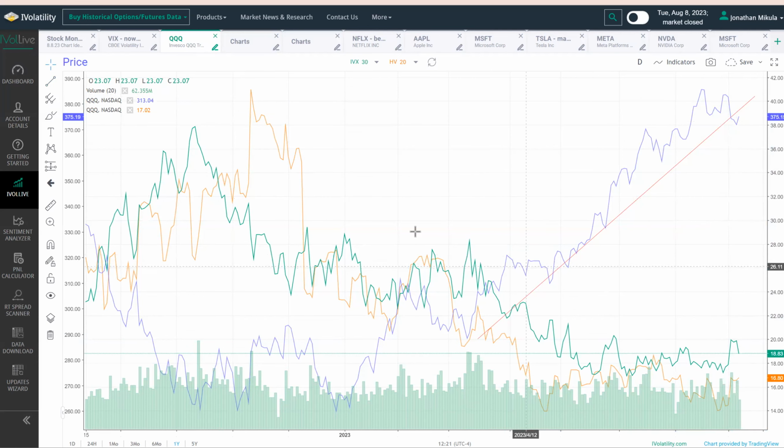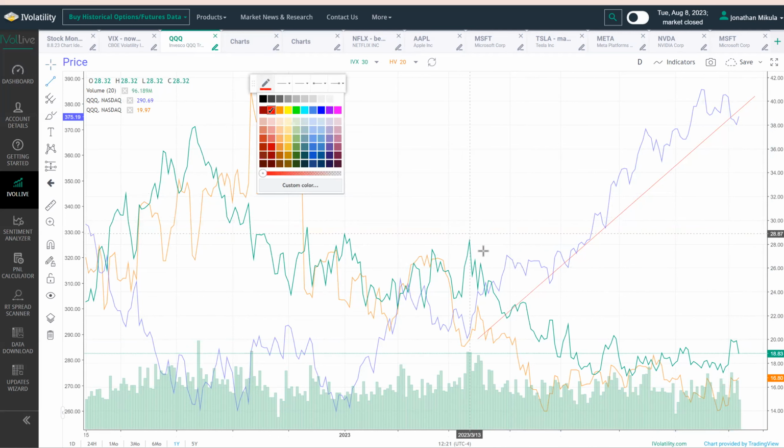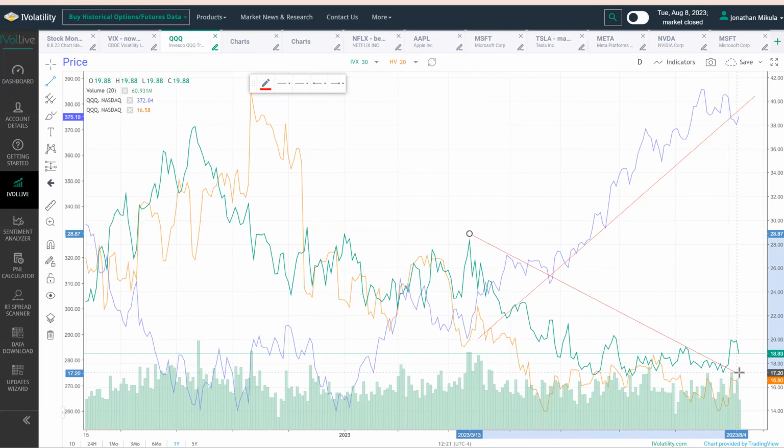What's also interesting is if we look at implied volatility, we've had this downtrend in implied volatility here in green, but now implied volatility has poked above that downtrend.